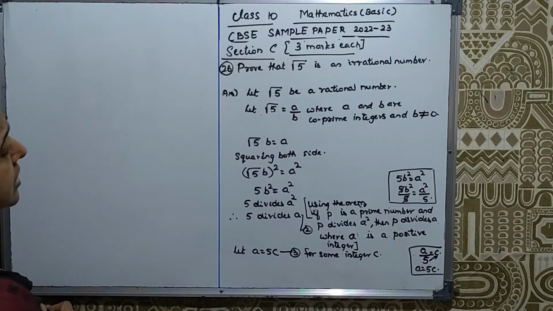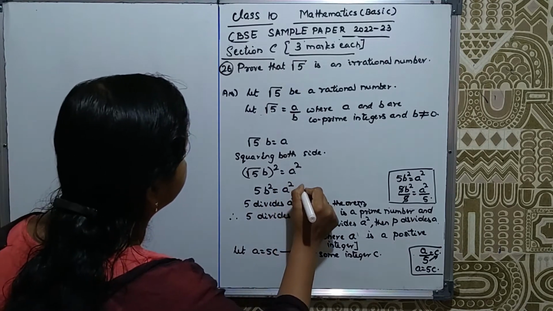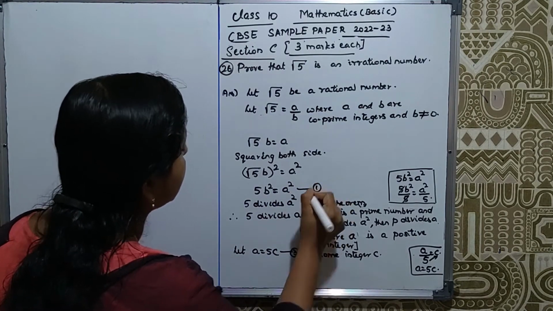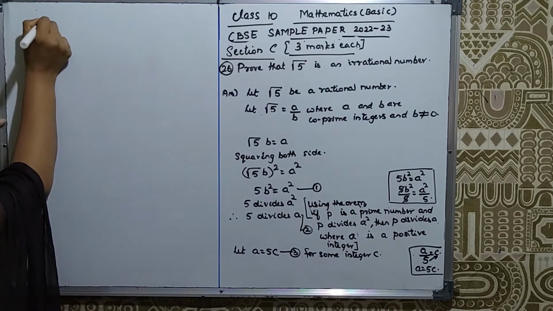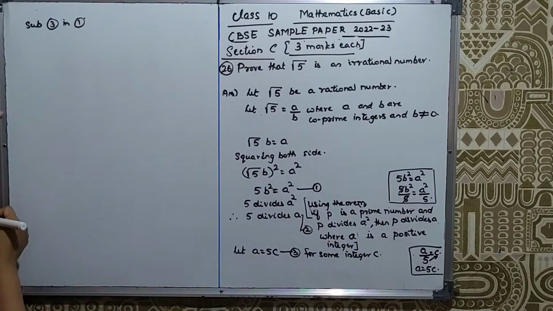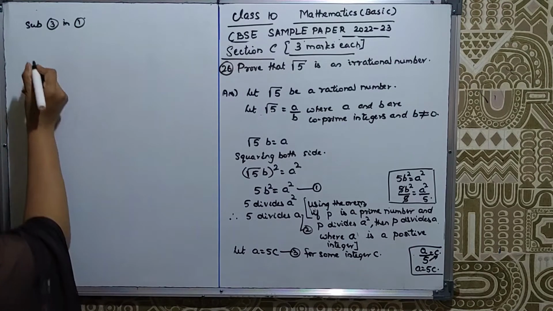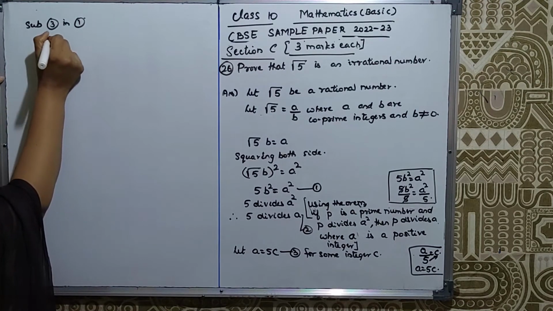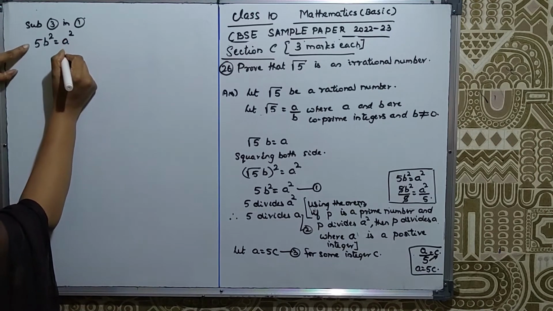Now substitute 3 in equation number 1. 5b squared equal to a squared, that was 1.